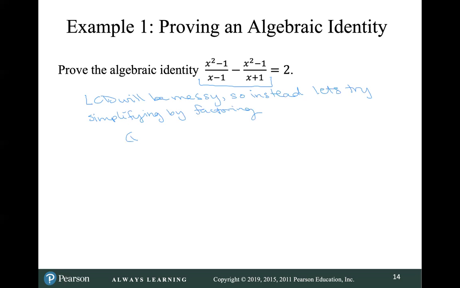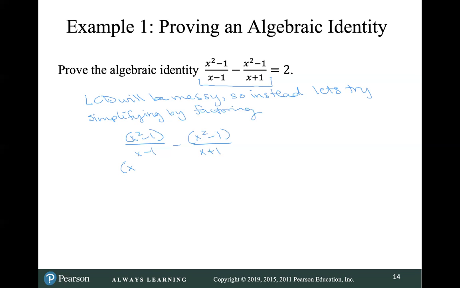So we have x squared minus 1 divided by x minus 1 minus x squared minus 1 divided by x plus 1. If you're ever stuck and you tried something, it didn't work, try rewriting the problem, because probably as you were writing that, you said, hold on a second, x squared minus 1 is a difference of perfect squares, and each of those has a factor that's the denominator.